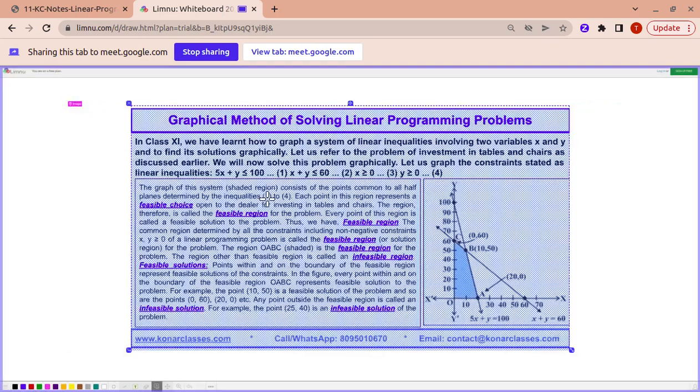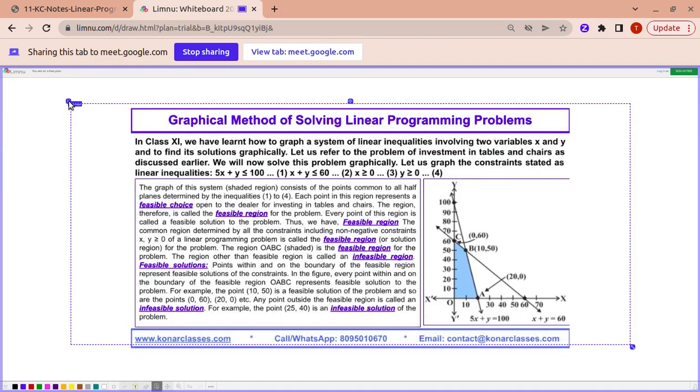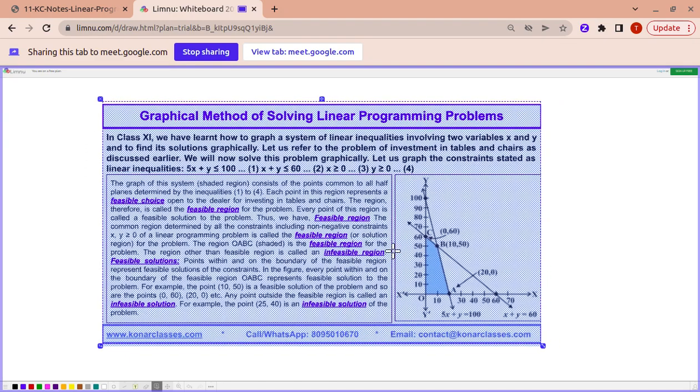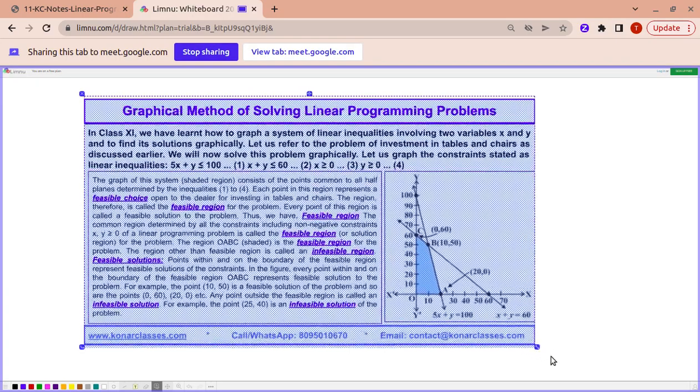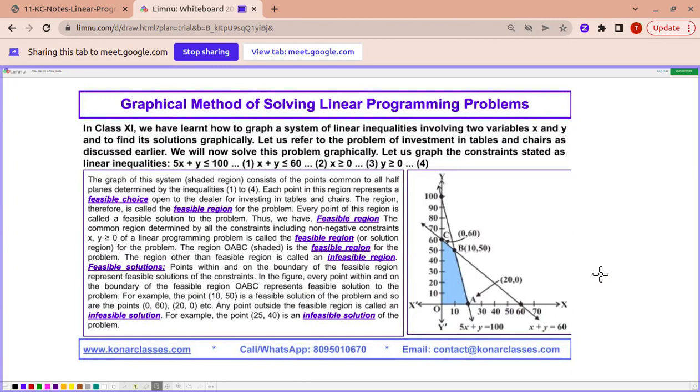So far we have discussed different terminologies, what a linear programming problem is, why it is linear, why it is programming, why it is a problem. But let us now come to our end target: how to find the solution of a linear programming problem. That is why it is mentioned: graphical method of solving linear programming problems.